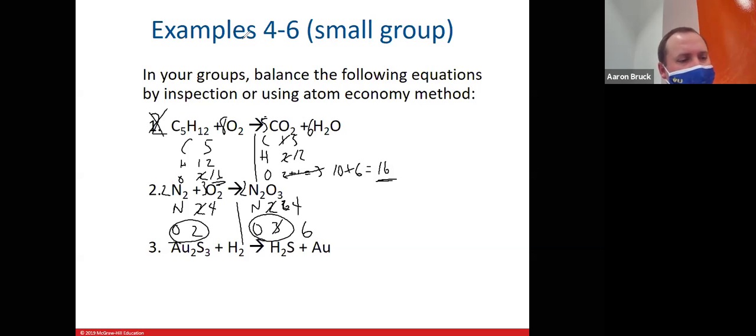Just as a word of note, you could have gotten to the same place. Notice that this is an occasion where the subscripts did turn into coefficients on the other side. You could have balanced it that way as well.